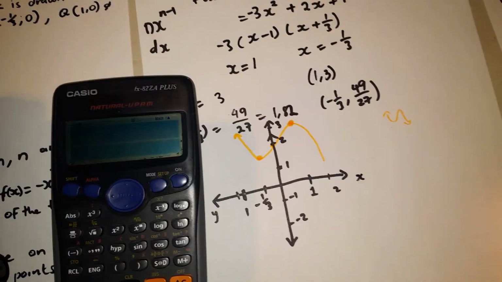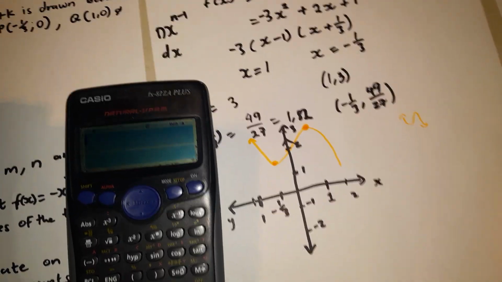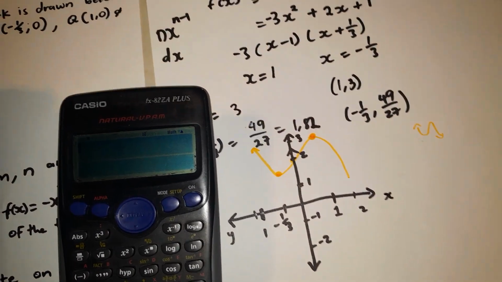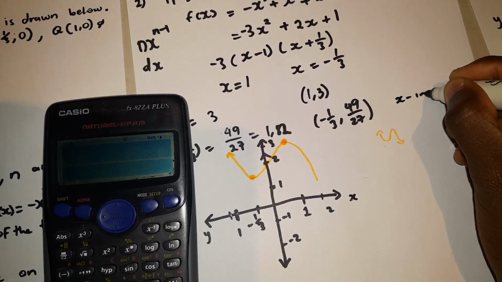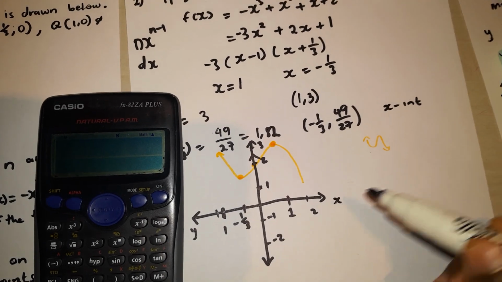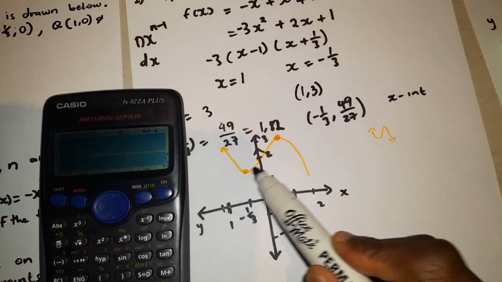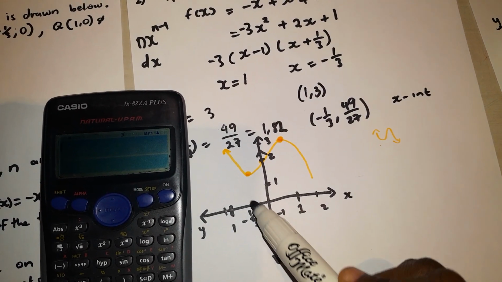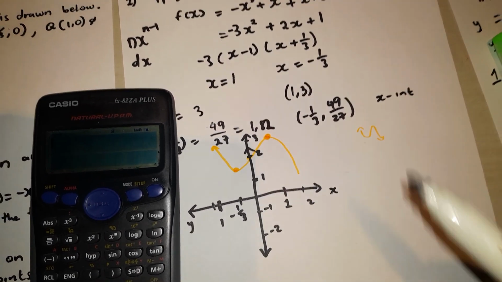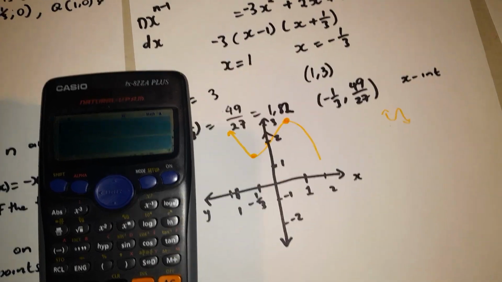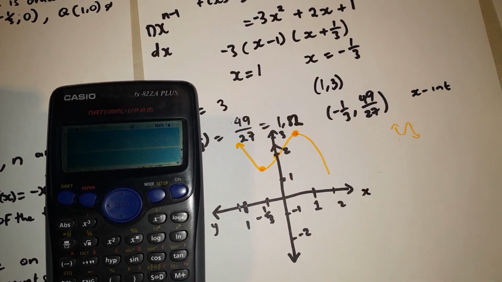So now we need to find the x-intercept. But since you can see our graph, the turning point is a bit upwards, which means that we will only have one x-intercept.